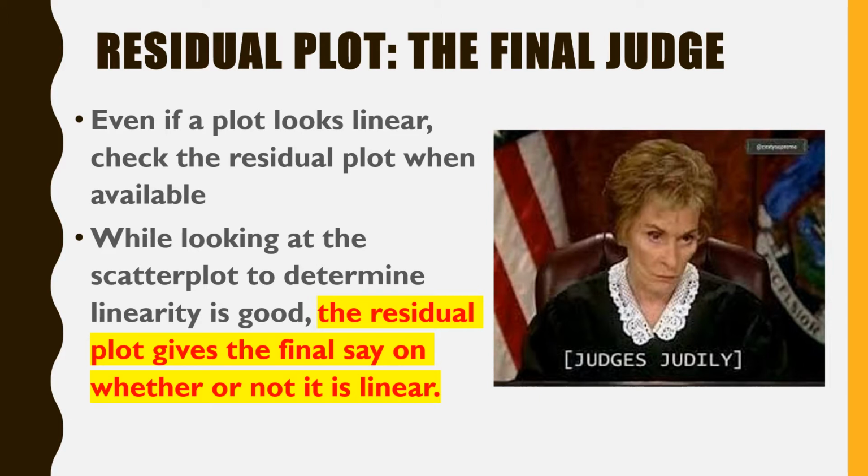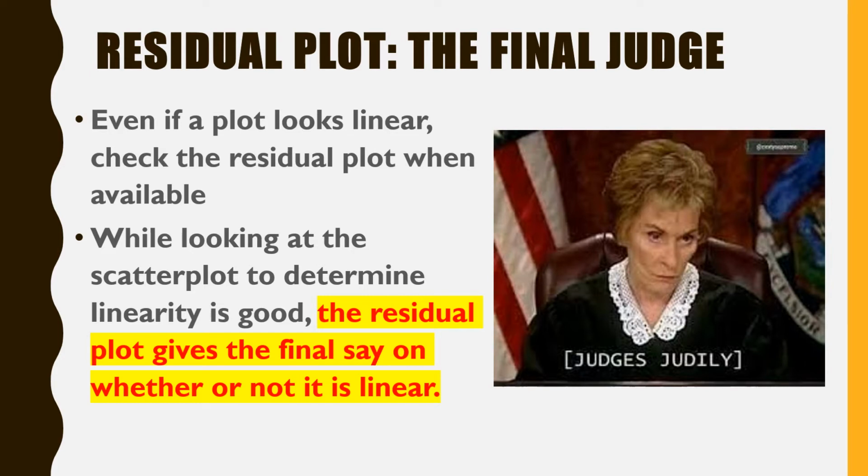However, if it is the case that you are provided with a residual plot, just know that the residual plot is the final judge in whether or not a linear model is appropriate. So in your scatter plot, if you see a linear pattern, you don't have a residual plot, perfect, just go with the linear model. That's the best that you can do. But if you're given the scatter plot as well as the corresponding residual plot, that is where you want to look at the residual plot and say, is there a pattern in the residual plot or is there random scatter?